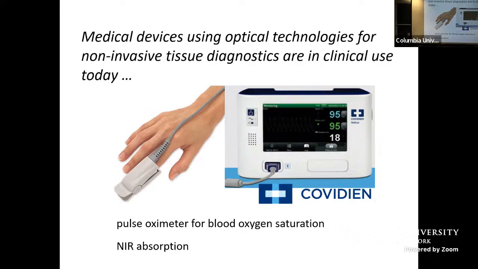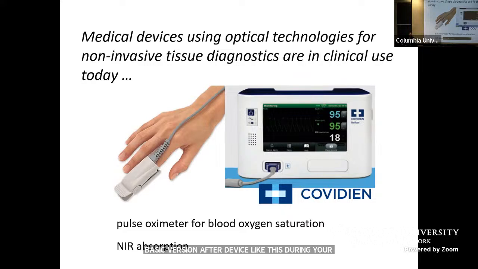So let me just begin by describing some medical devices that are based on optical technologies for tissue diagnostics in clinical settings. Of course, everyone is very familiar with the pulse oximeter. Any of the BME students in the audience or BME grads probably built a basic version of a device like this at some point during your education. The idea here is that near-infrared light is being passed through tissue.